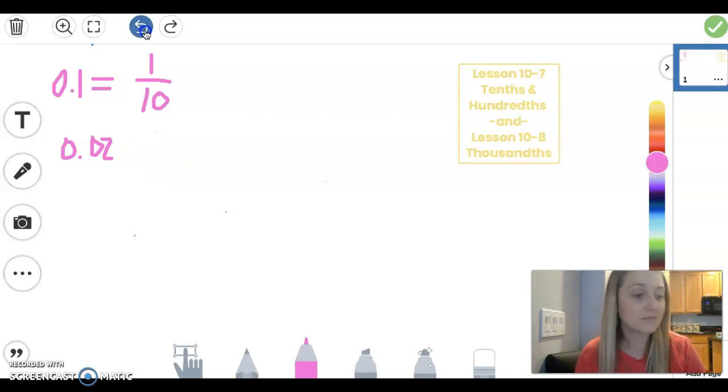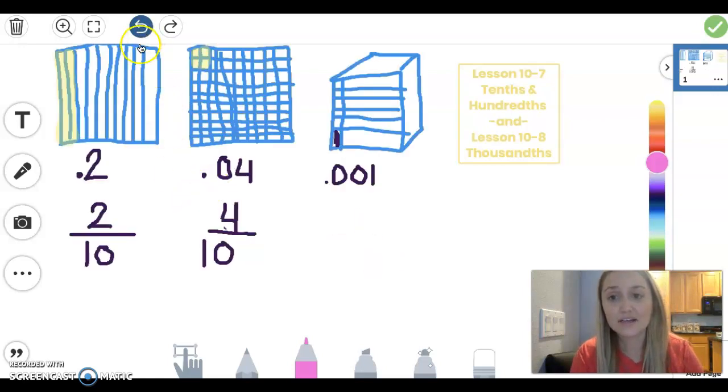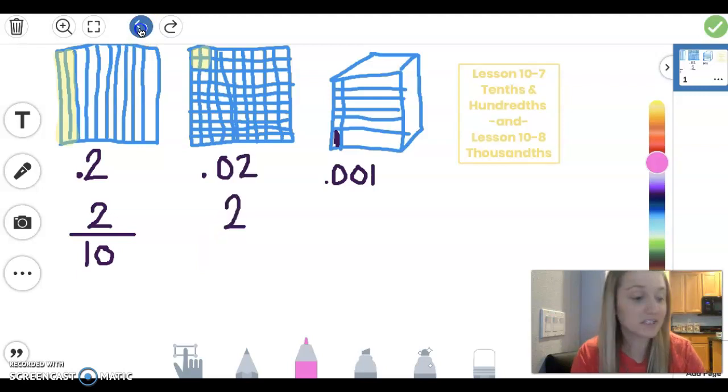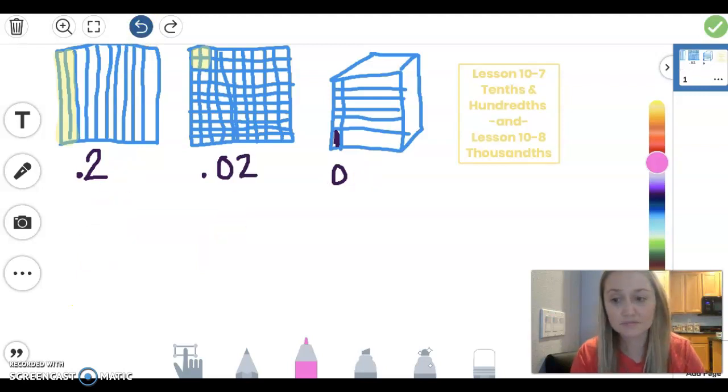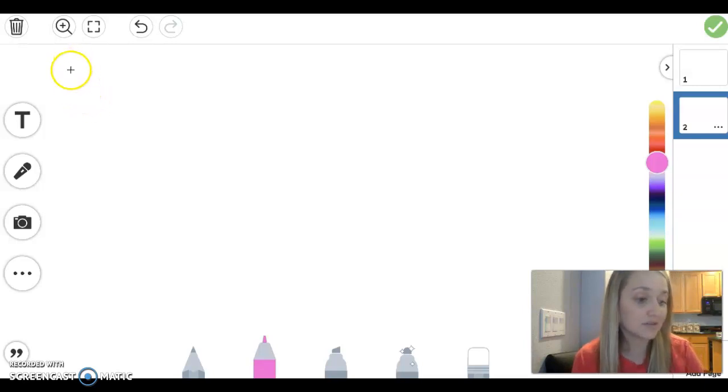Now, the only time it does get a little complicated is, let's say you had, I'm going to have to erase it all. Okay, the only time it gets a little complicated is if you have a number and it says write the decimal as a fraction or a mixed number.